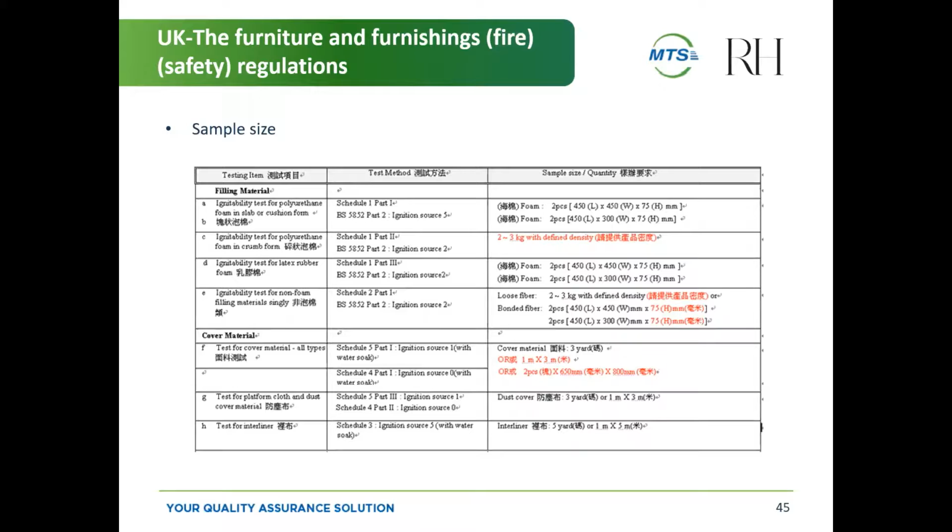Generally it looks like 2 pieces would be used for the testing, but check with your local lab and they'll verify how much is needed for each one. Also, if it's a cloth or dust cover, usually 3 or 5 yards is going to be enough. And the lab will work with you to make sure you know that up front.